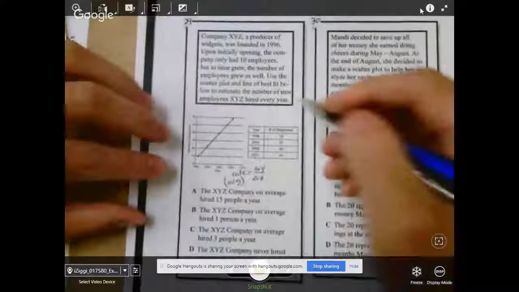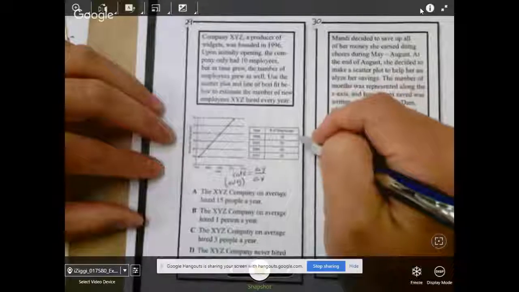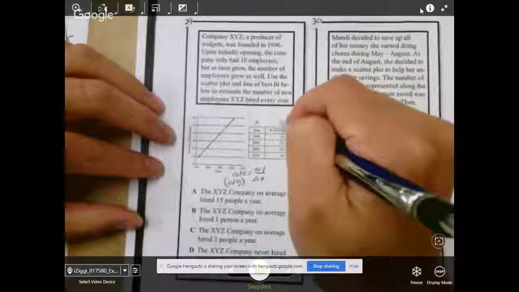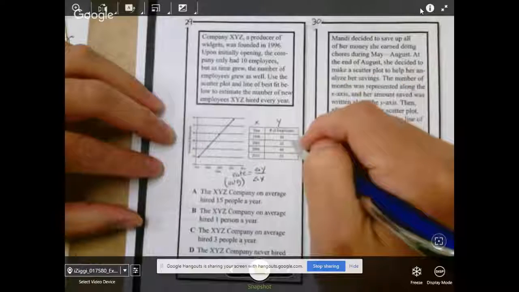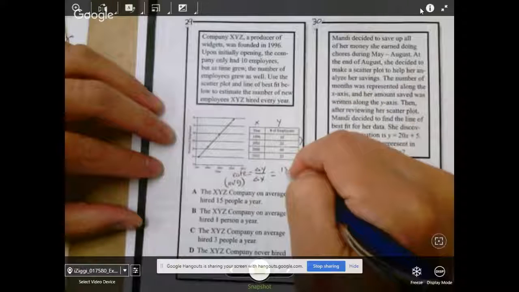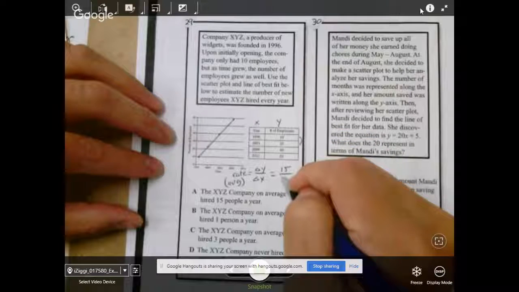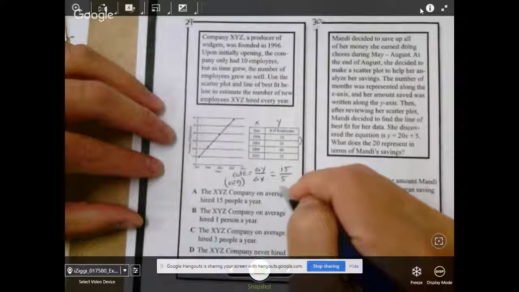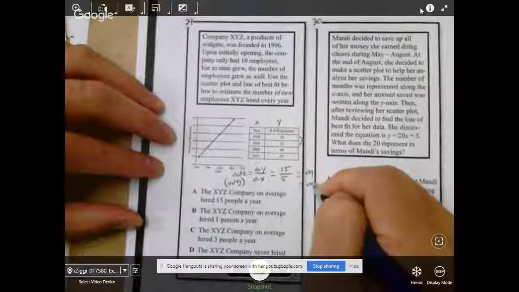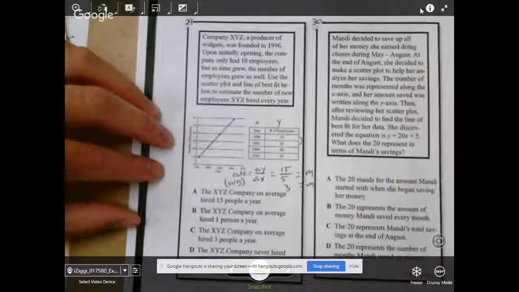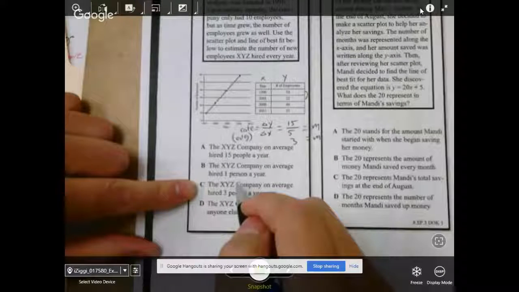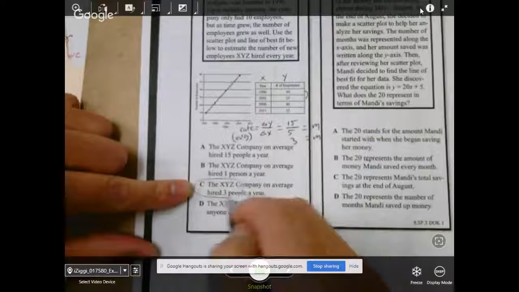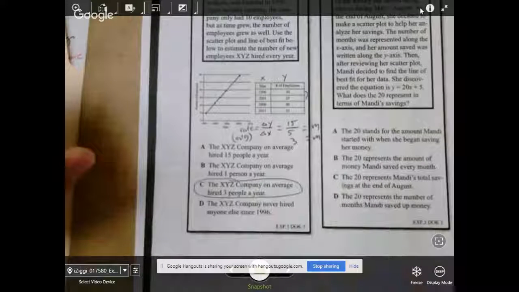Here's X, here's Y. Looks like the change in Y here is 15, 25 minus 10. And then the change in X, 2001 to 1996, that's 5 years. 15 divided by 5 is 3, right? So your average is 3. So the company XYZ on average hired 3 people per year. Okay, this was 15 and this was 5, right?